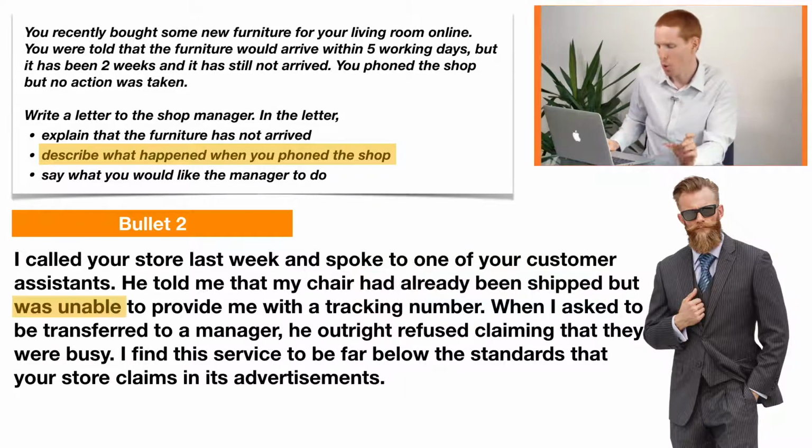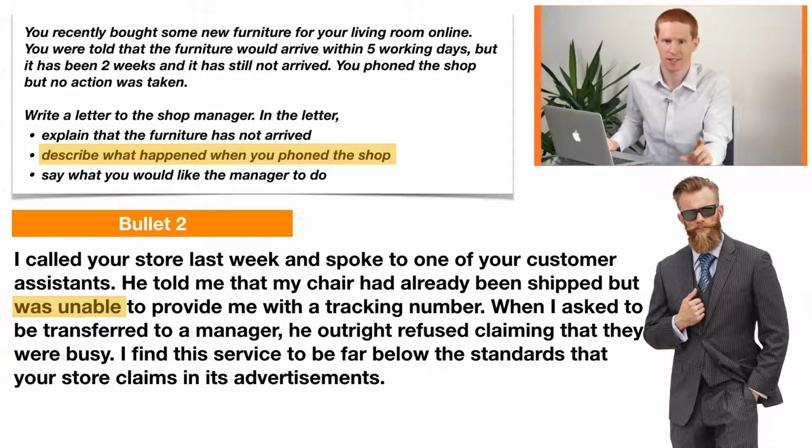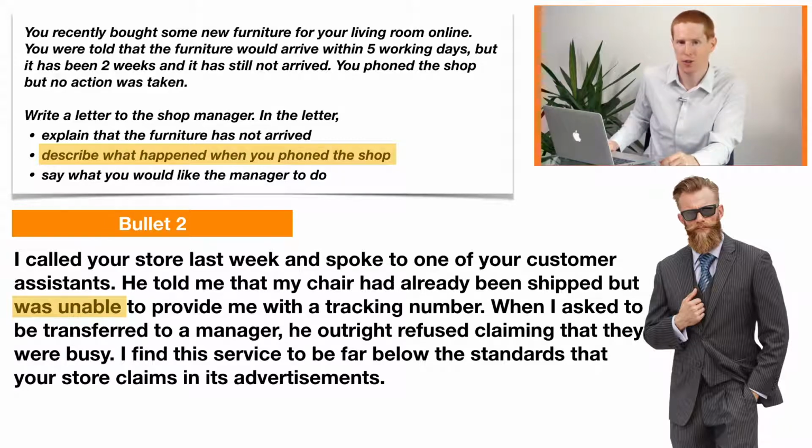Next we have "was unable." So "was unable" just means "couldn't," but it's a more formal way of saying "couldn't." And these little differences are what gets you a higher score in task 1. We also have "outright refused." He outright refused. So again, this is just like saying "refused" or "declined," except making it a bit more exciting.